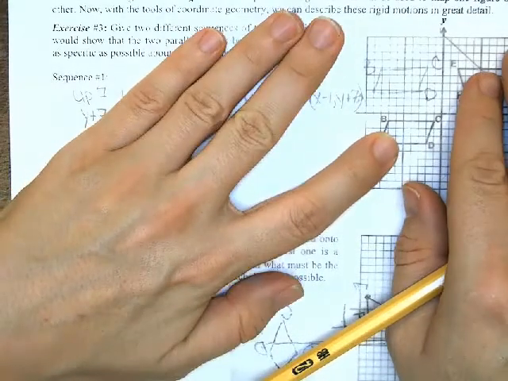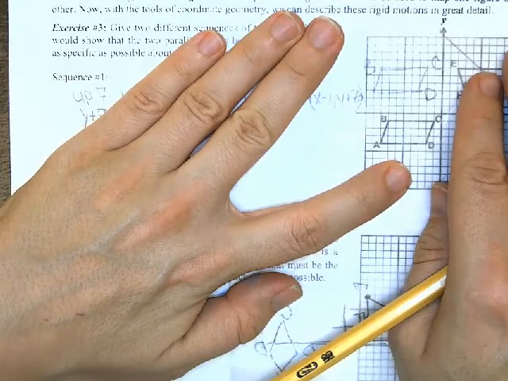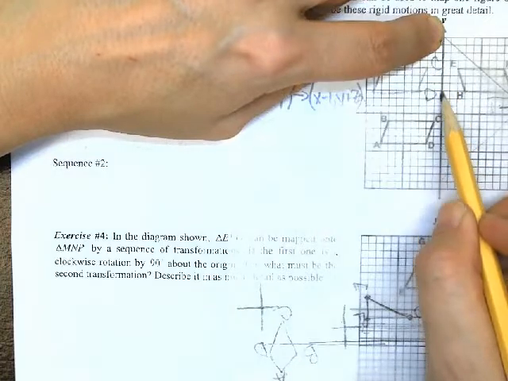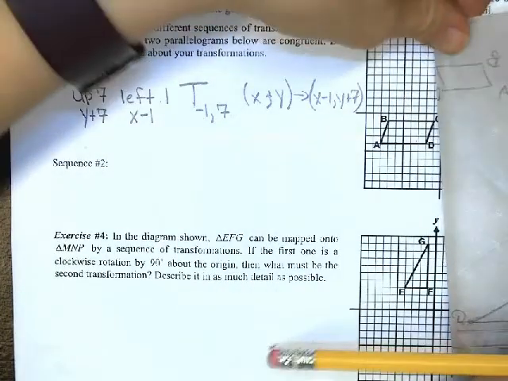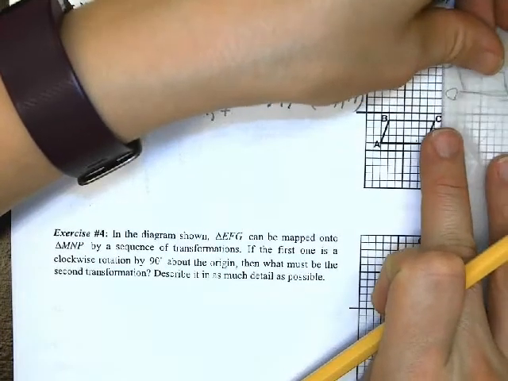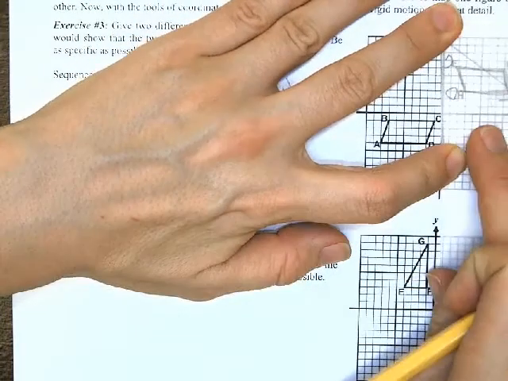Here was the image. Now my second transformation would be a reflection over the y-axis. If I fold this over the y-axis, this image should land on top of the other one. And as you can see, it does.